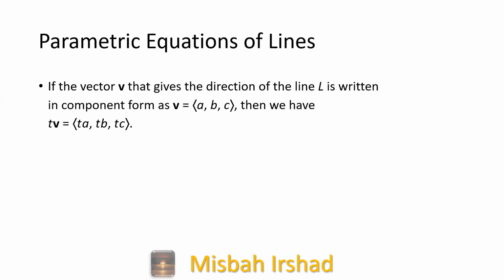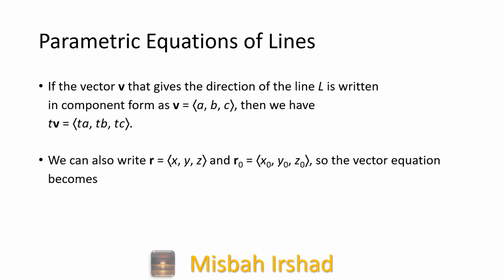So if we have vector v in component form and v is equal to <a, b, c>, then we can write tv is equal to <ta, tb, tc> and plug in all these values into the previous equation. Position vector of x, y, z is the vector <x, y, z>. Similarly, position vector of the point x0, y0, z0 is the vector <x0, y0, z0>.